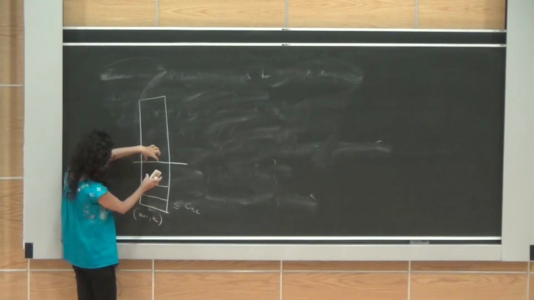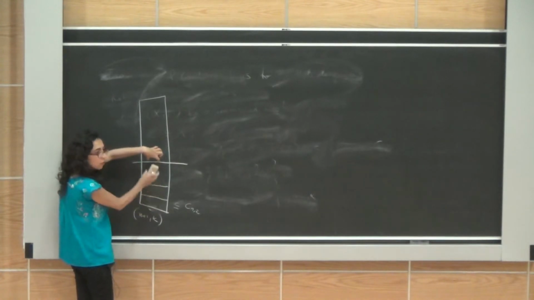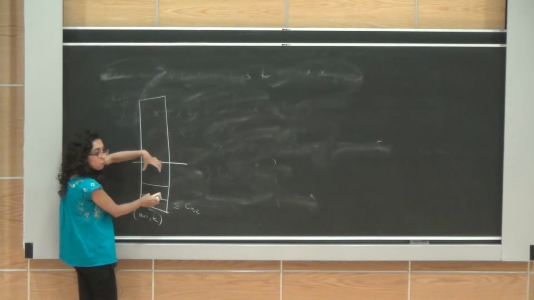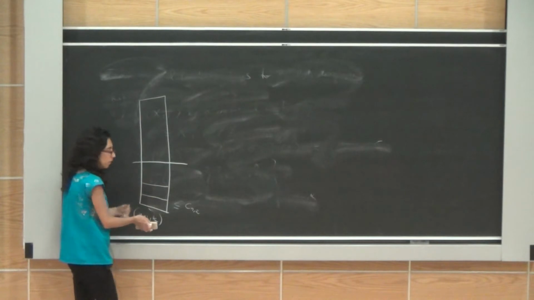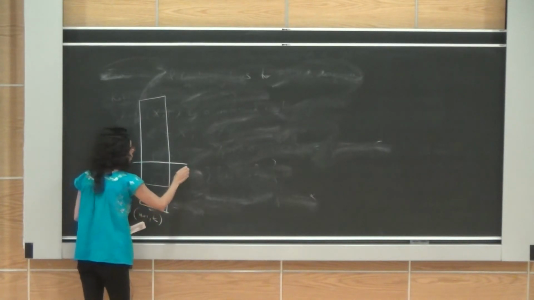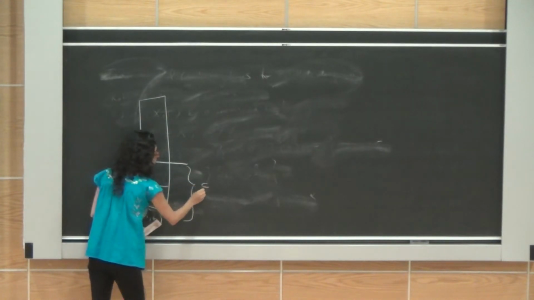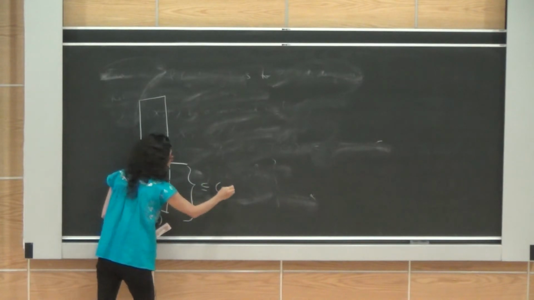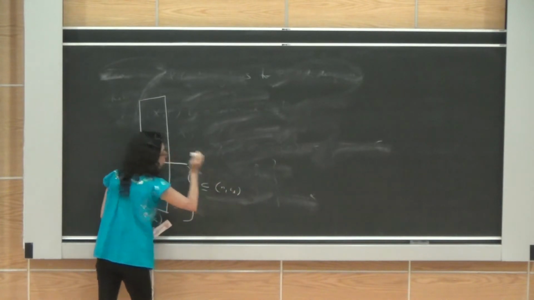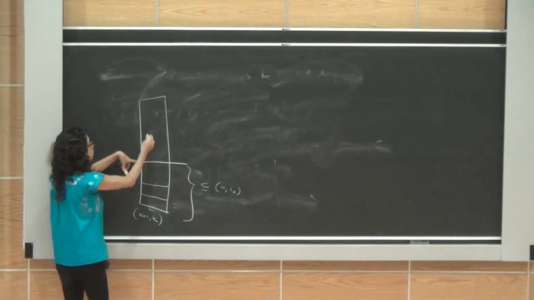So you can think of this like a piece of some tower of the partition n. I'm going to say this is contained in the tower n i_1. And then here you have the same thing.